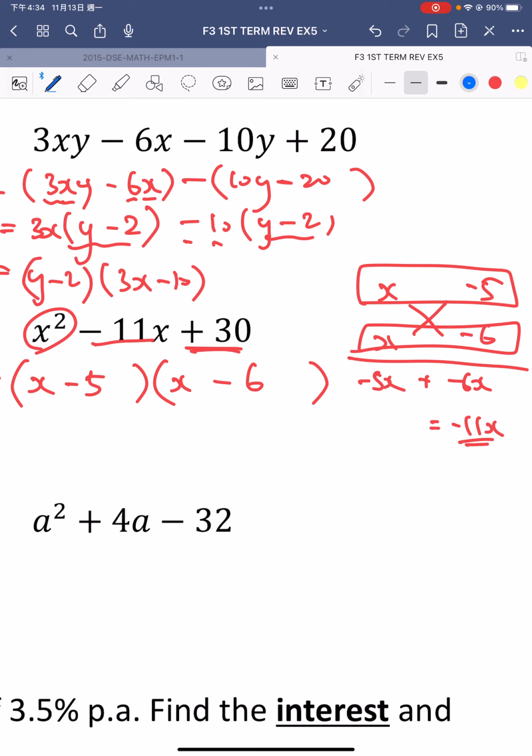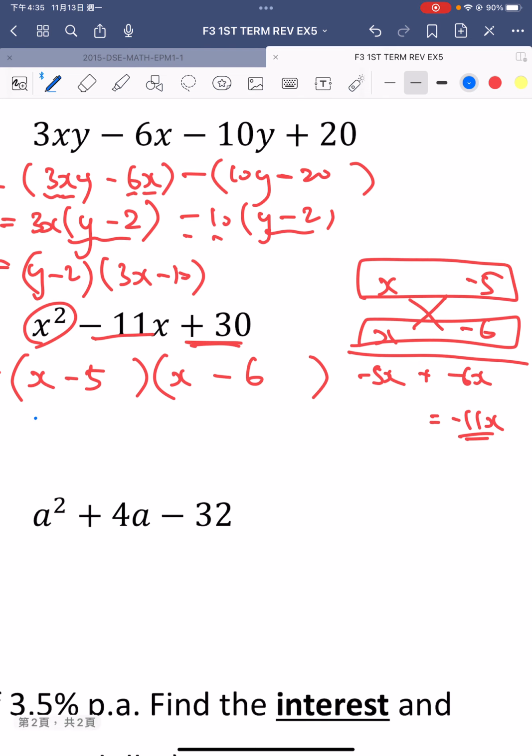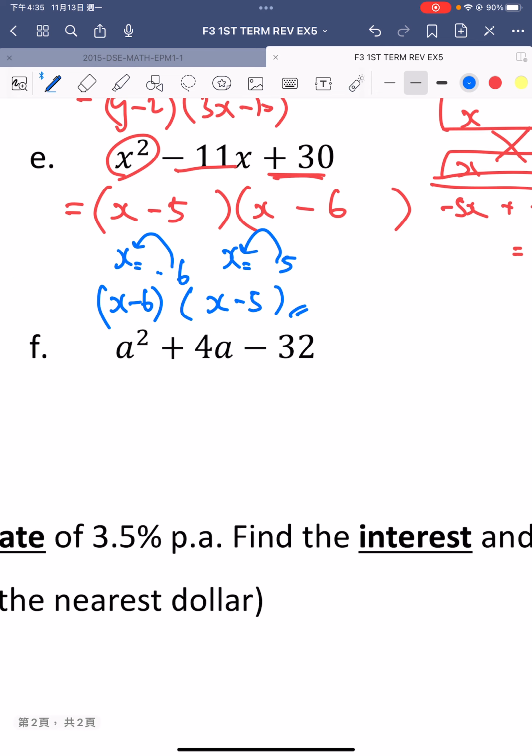So you can see from the calculator that x is equal to 6. So now we can move the whole thing to the left hand side, it becomes x minus 6, and then press the exe again, you get x is equal to 5. So we change the 5 to the left hand side as well, so we have the second factor, which is x minus 5.